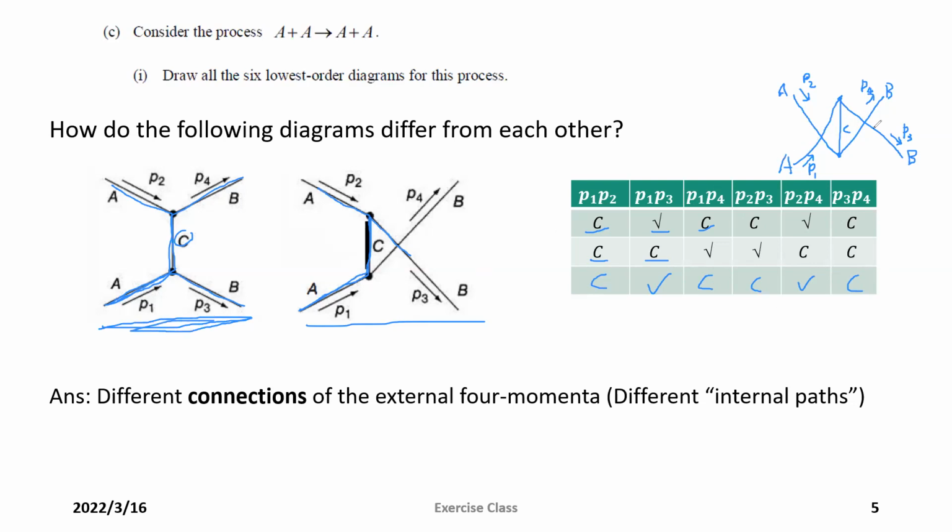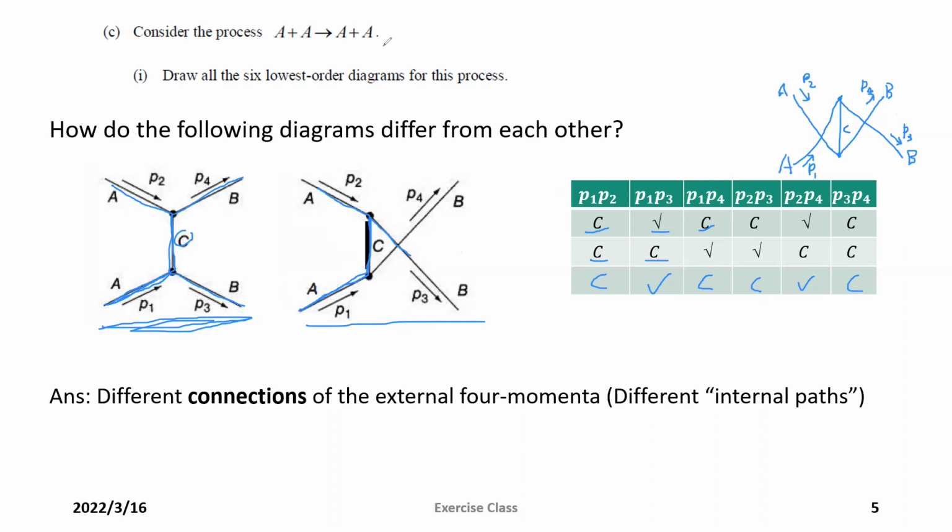So we do not consider this as a new diagram because they have the same connections. So that's in general how we draw all the diagrams of a process.